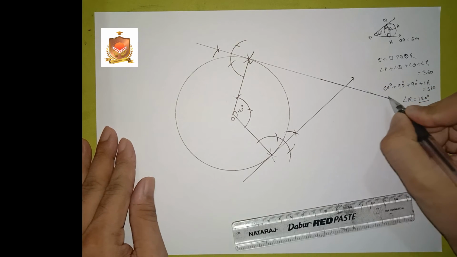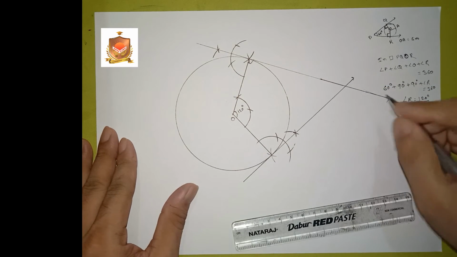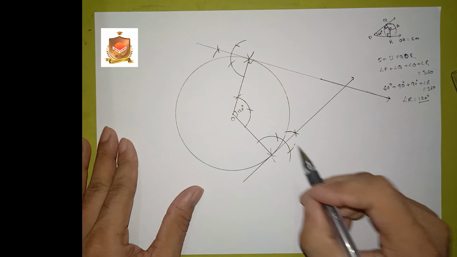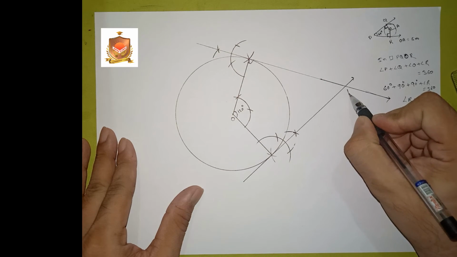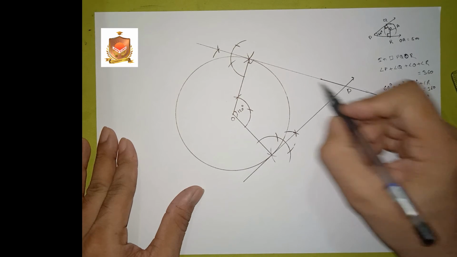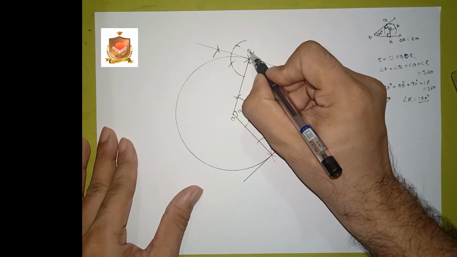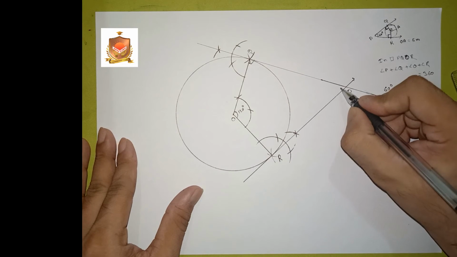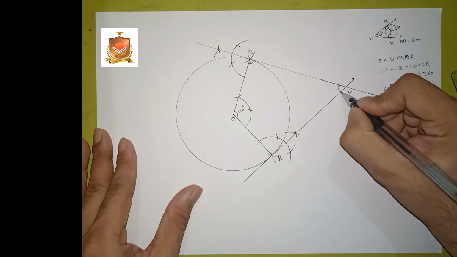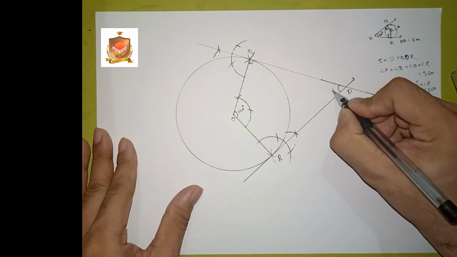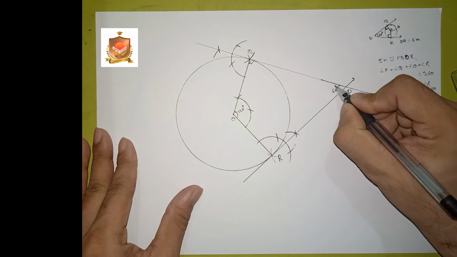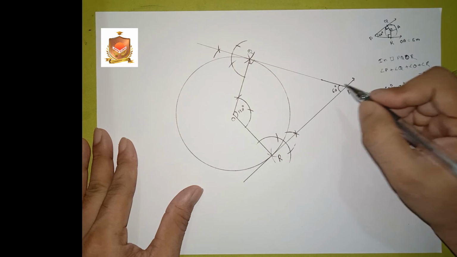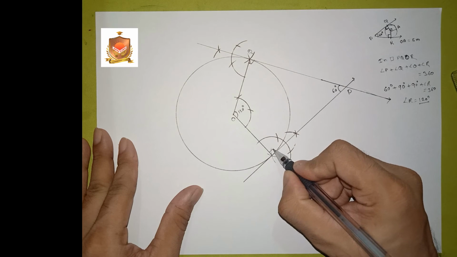Yes, so this is our point O, then this is our point P, this is point Q, this is point R, and this angle is going to be 60 degrees. As and when you are having a protractor, measure the angles.